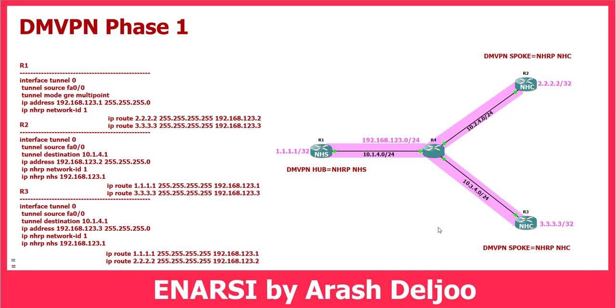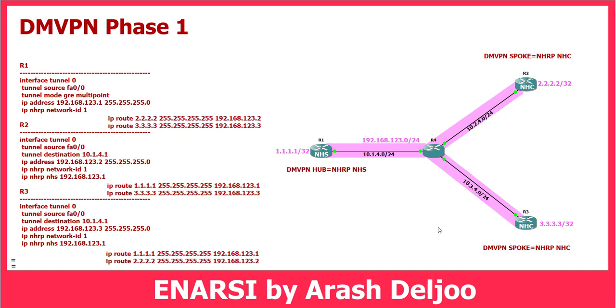We will learn about the IGPs in this video, but let me review the configuration of the previous video: the hub configuration, meaning the NHRP NHS configuration, and also the NHRP NHC configuration.